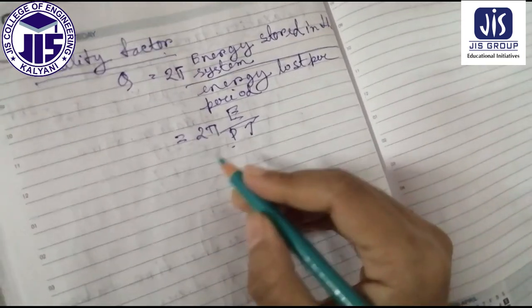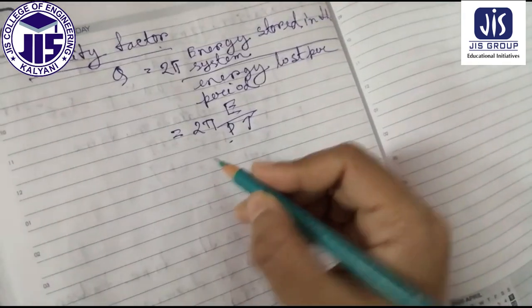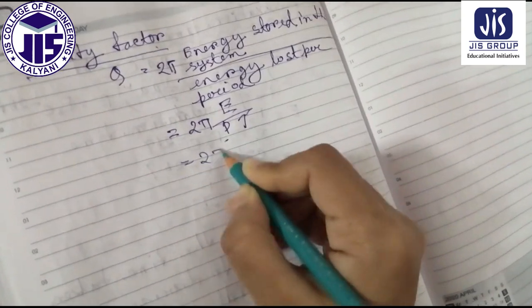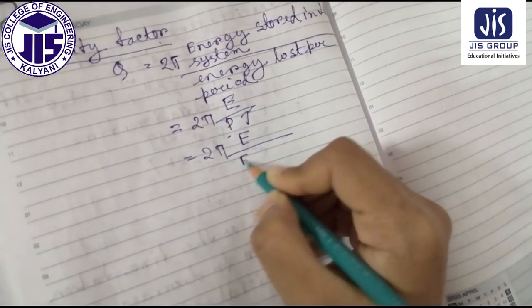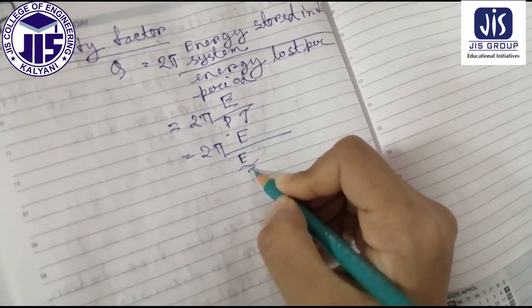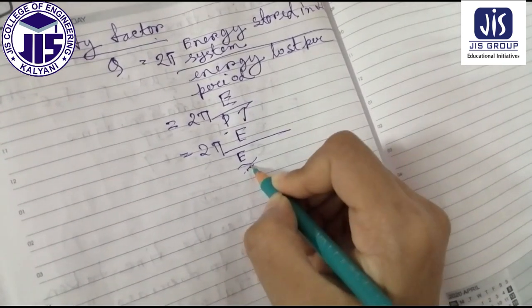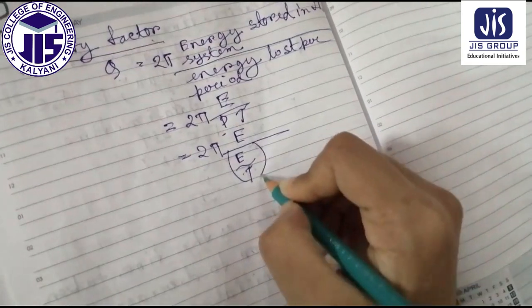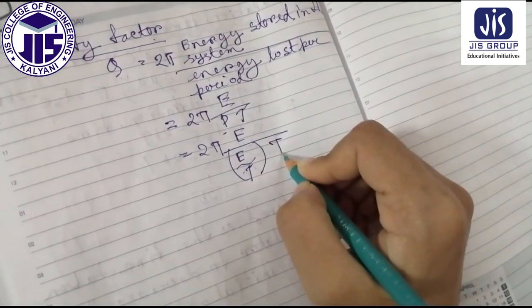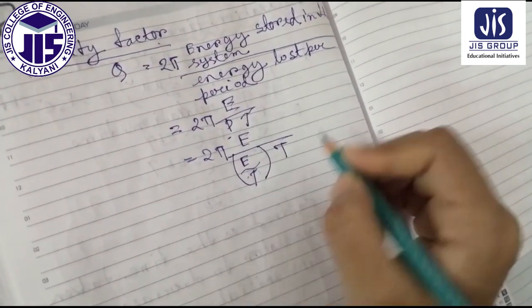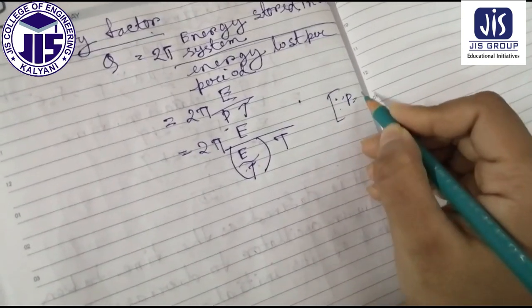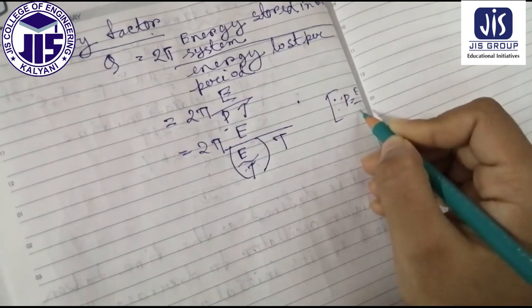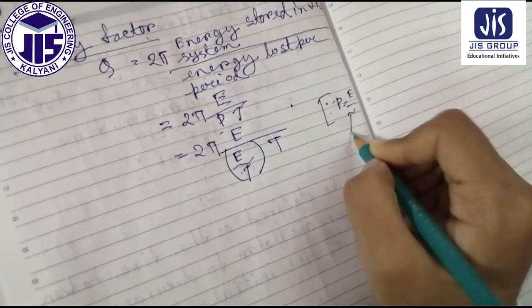So we can write Q equals 2 pi into E divided by P into T, since P equals E by tau.